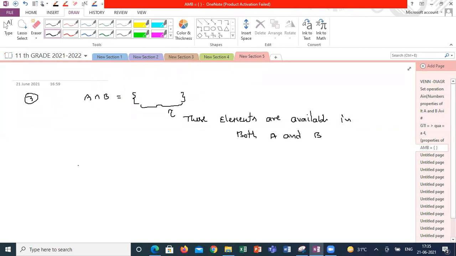That means if A and B are two sets and A intersection B is another set, then A intersection B is a subset of A, and A intersection B is also a subset of B. Am I right, guys? Yes, sir.